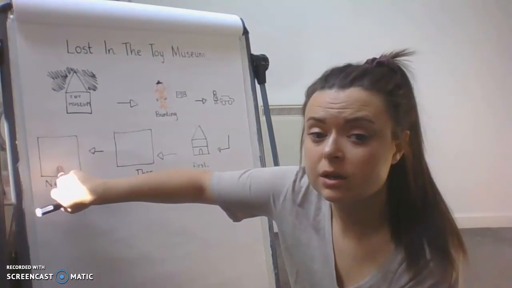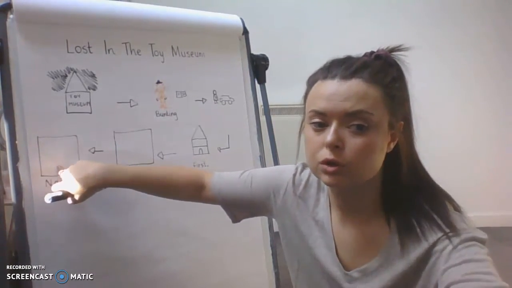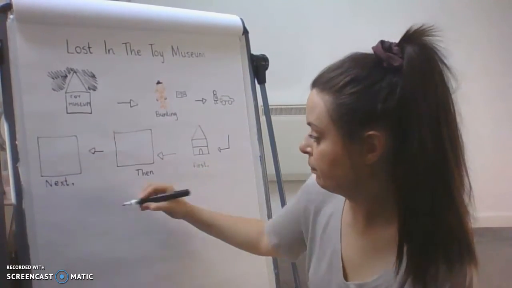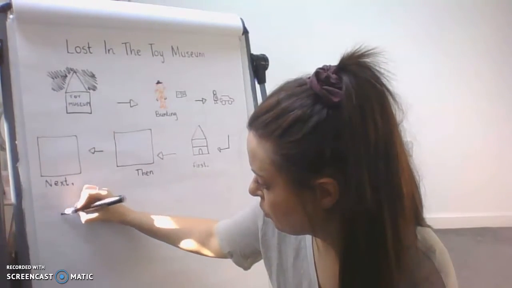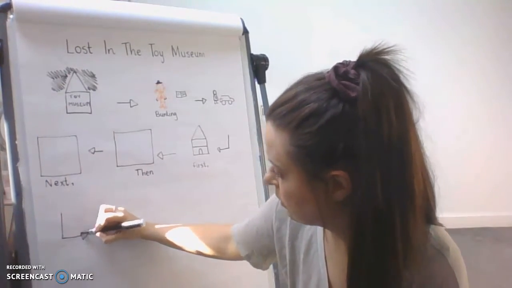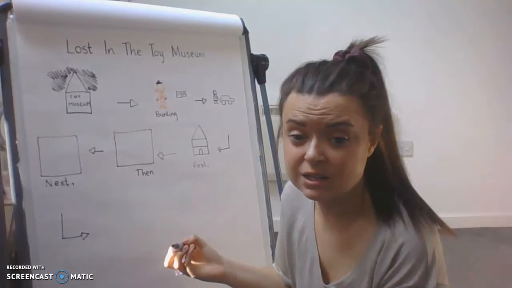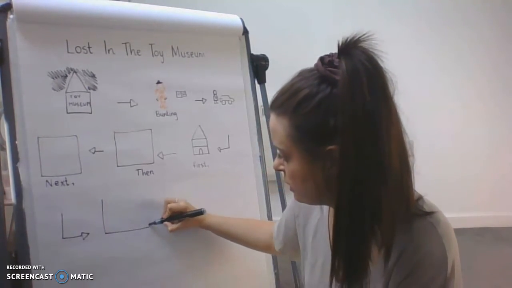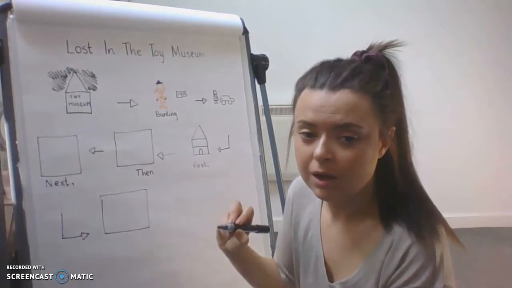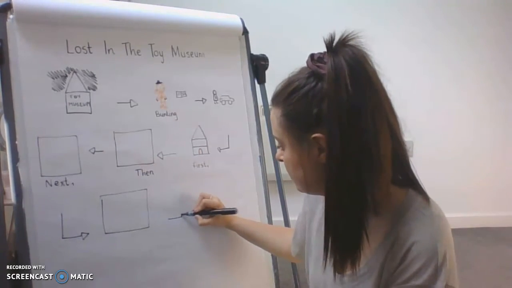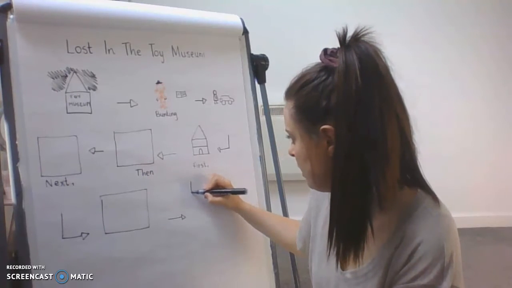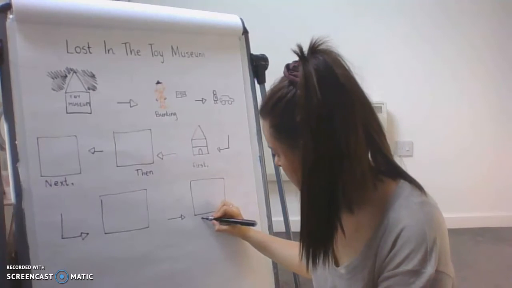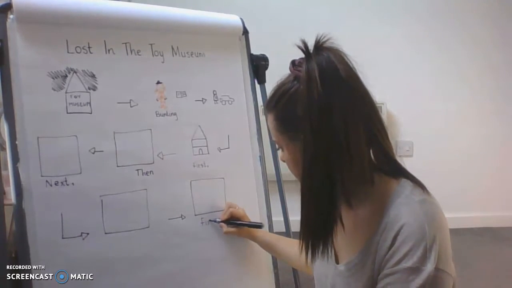So next, he looked, okay, and then what did he find? Okay, what did he find and what did he arrive to? And then finally, what happened? So that's right, finally.